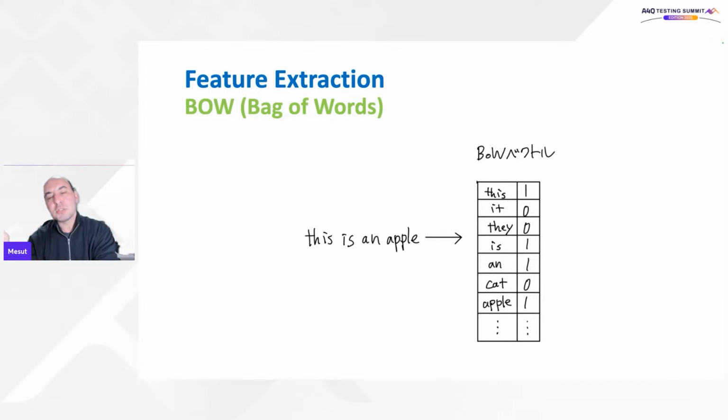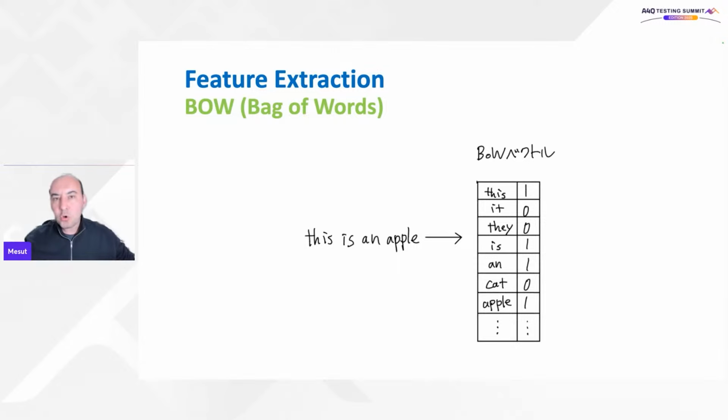So how I do this in this particular example is I use the bag of words approach, which means it counts the words in each sentence. For example, if my sentence is this is an apple, I have one this, one is, one an and one apple, right? These are the counts of the words.